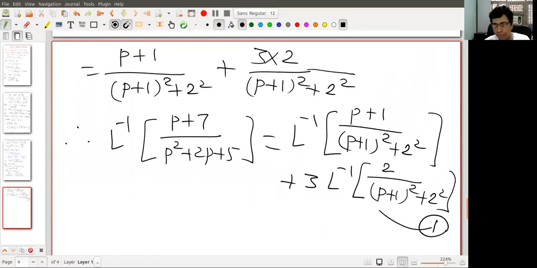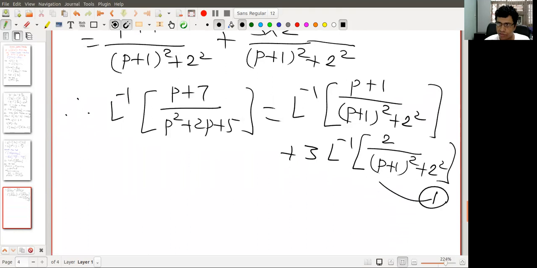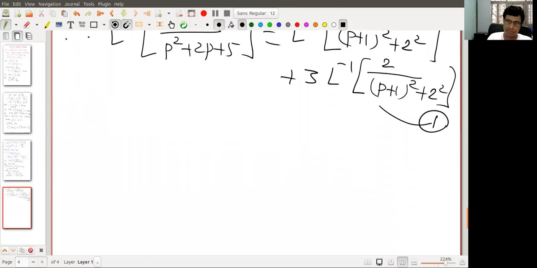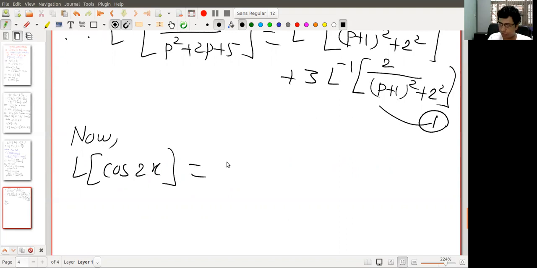Now the first term, p plus 1 divided by p plus 1 square plus 2 square. Now Laplace transform of cos, here it is 2 square, so cos of 2x. We know the formula, Laplace transform of cos of ax is p divided by p square plus a square.